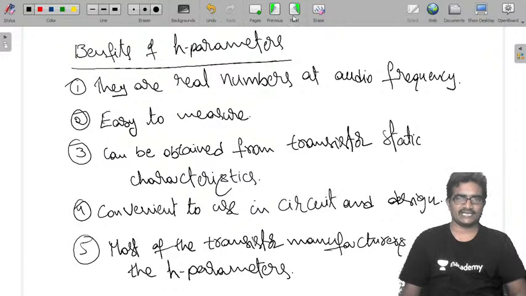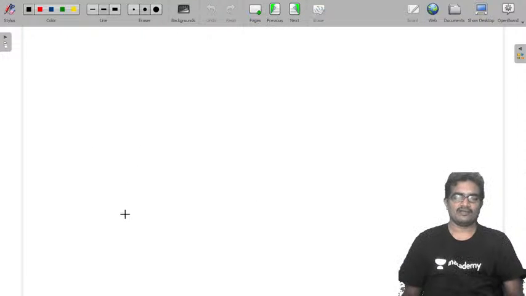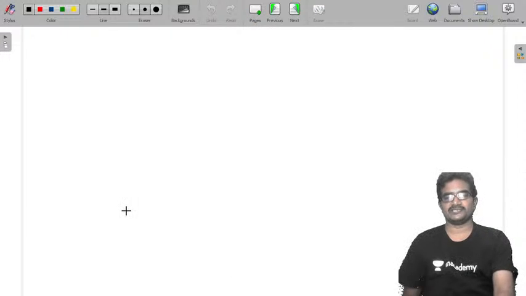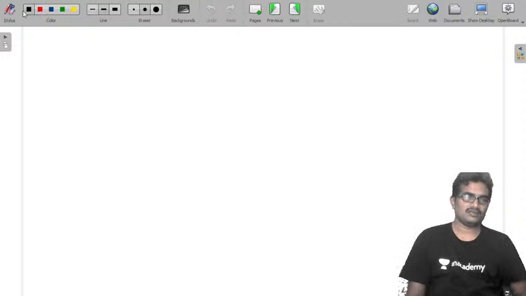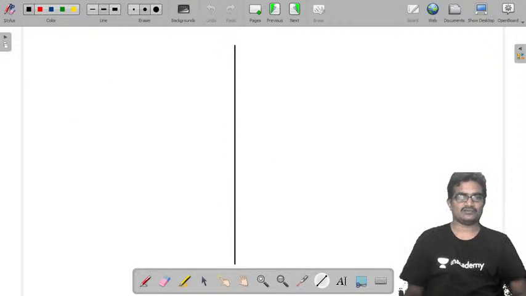And at the same time, we don't know the common base, common emitter, common collector H parameters. Already I mentioned the typical common emitter H parameters. Now I'm going to represent the conversion.